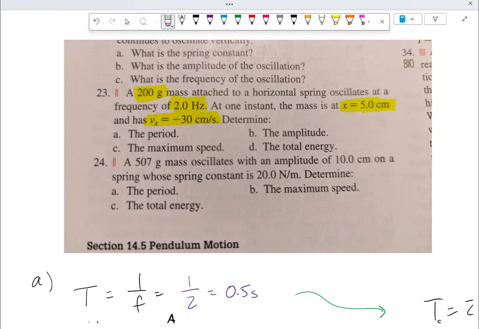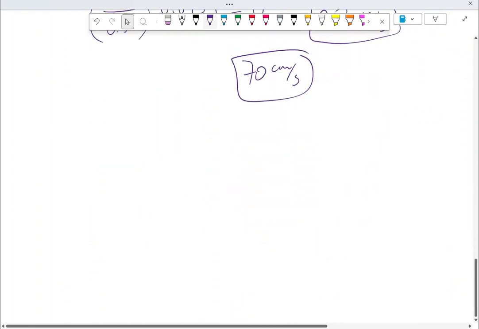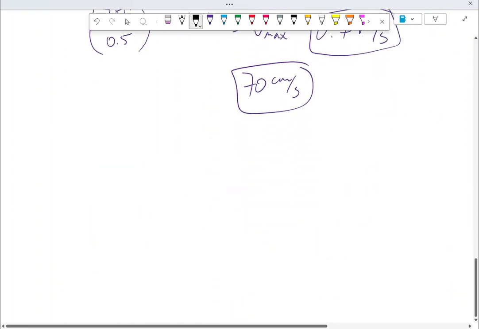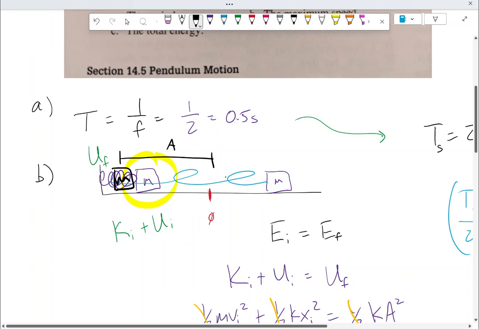Okay, so next up then, the total energy. With the total energy, I haven't calculated the spring constant really. So I can pick any moment I want in the spring mass system, because it goes from high amplitude to the equilibrium position. Any one of those moments I can choose to calculate the total energy.